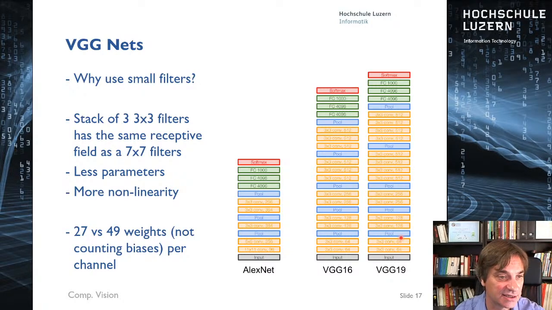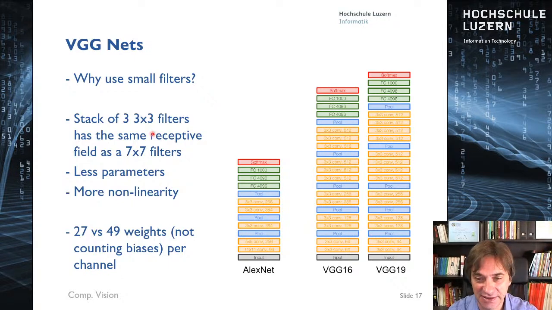So more in detail, and a comparison of 2 of their networks with the AlexNet, so the VGG 16 and 19 with 16 or 19 layers. You see that AlexNet had those larger convolutions here, and they used only 3x3 convolutions. Why? The idea is that if you have a stack of 3x3 filters, you will have the same receptive field.